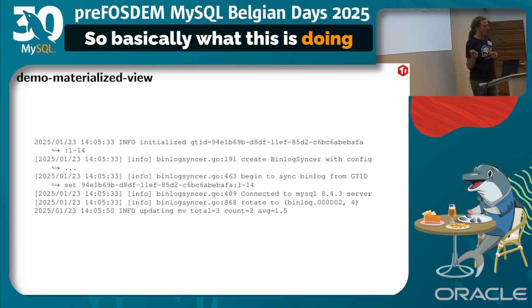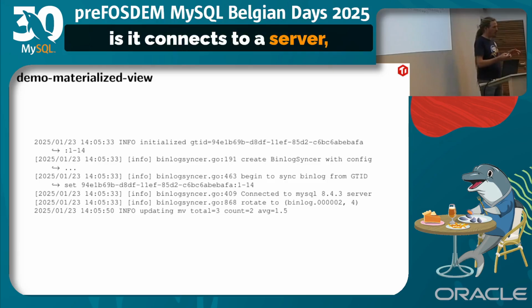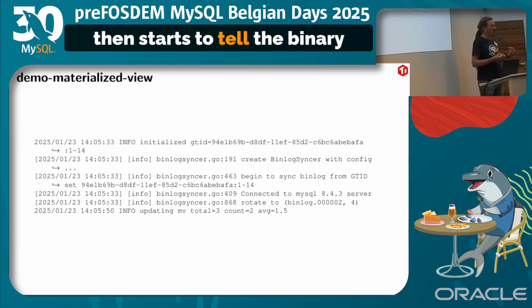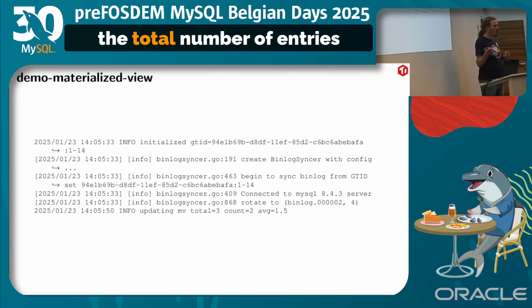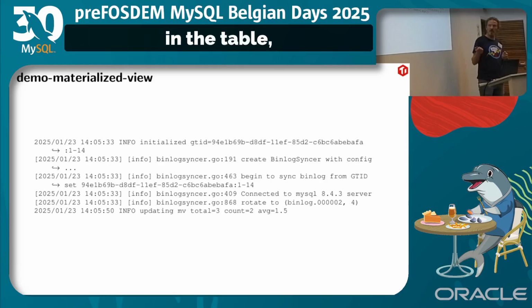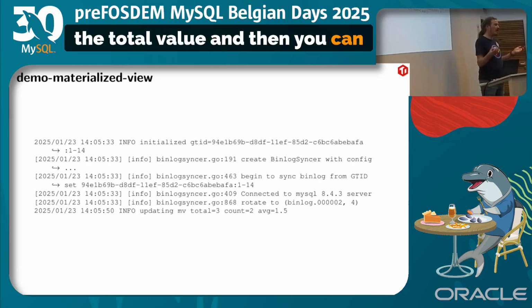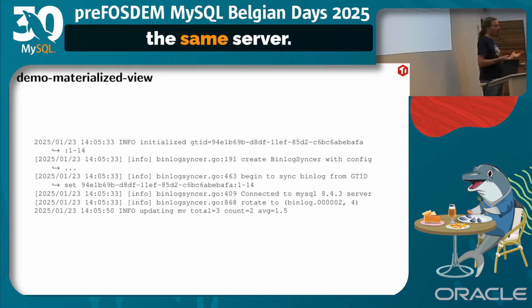So basically what this is doing is it connects to a server, it gets current values of the table, then starts to tail the binary logs and keeps the total number of entries in the table and the total value, then it can calculate the average, and it's writing that back to the same server. So that is asynchronous, of course, but it might be enough for some use cases.